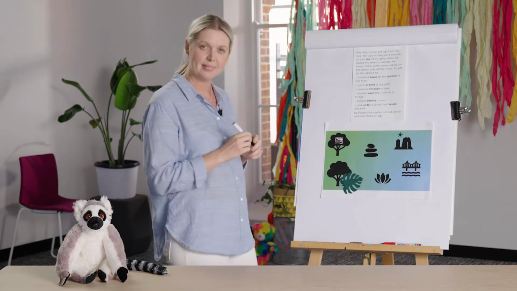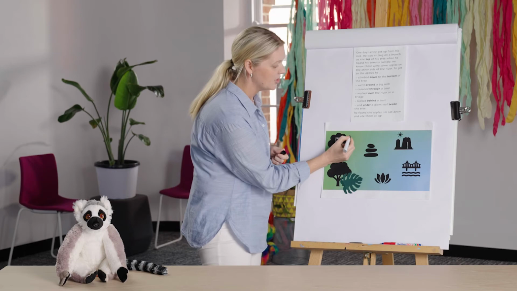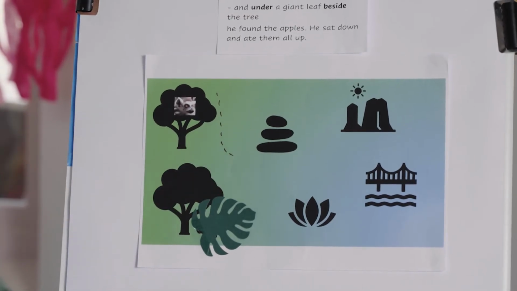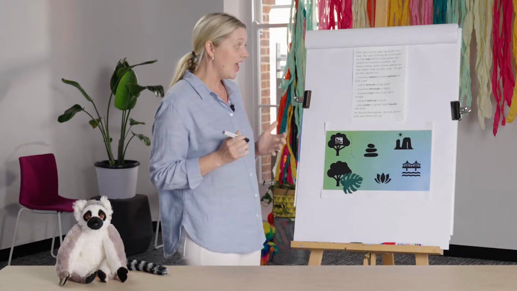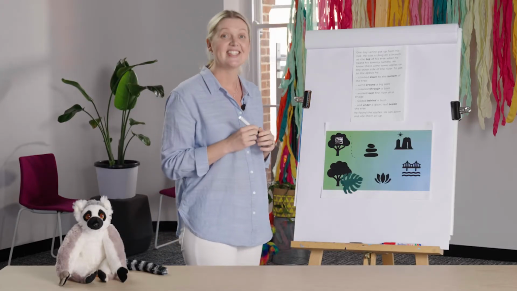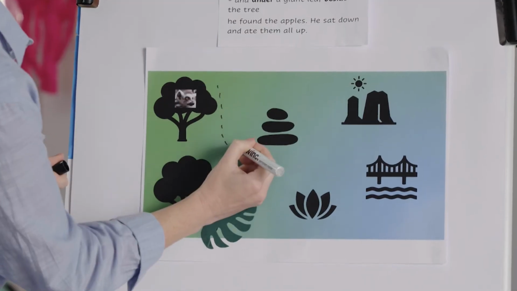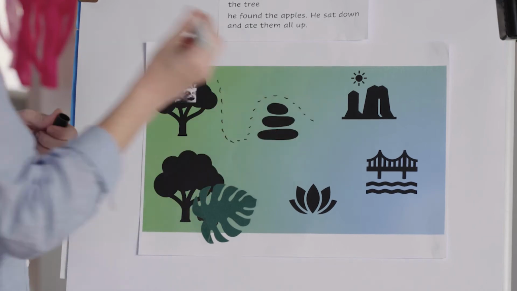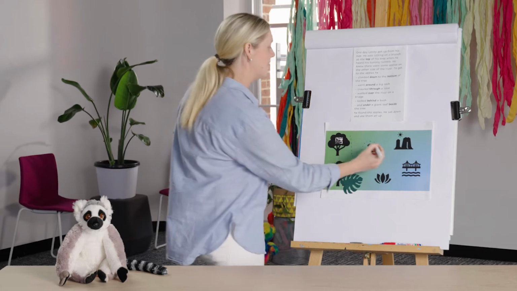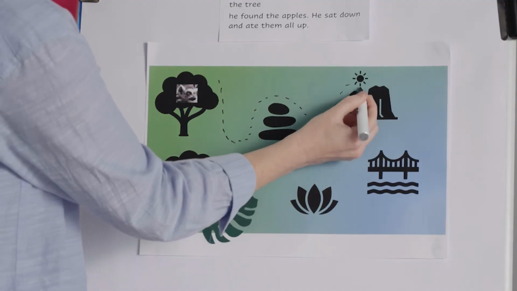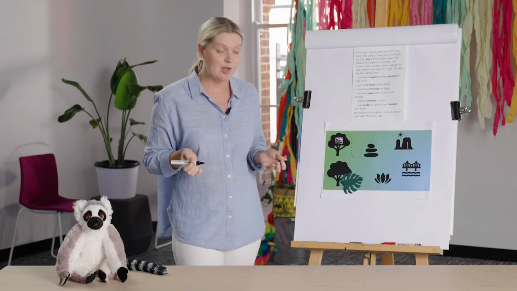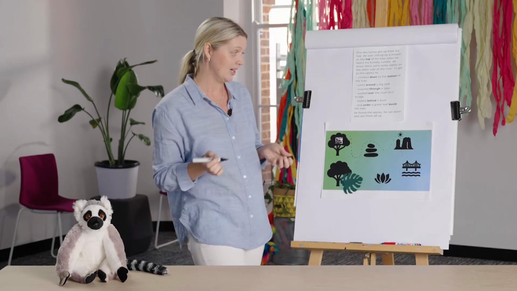Now I'm going to map Lenny's journey. So from the top, he climbed down the tree. Then he went around a big rock. Let's draw that, around the big rock. Then he crawled through a cave. Through the cave. Then he walked over a bridge.